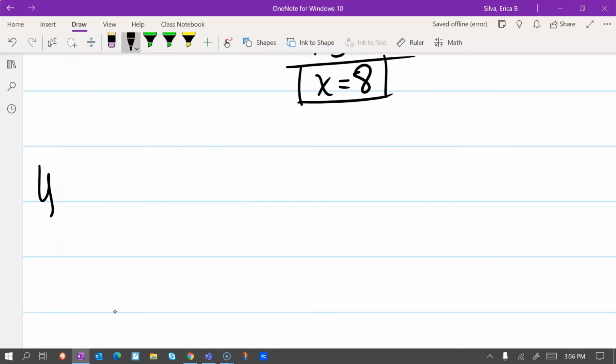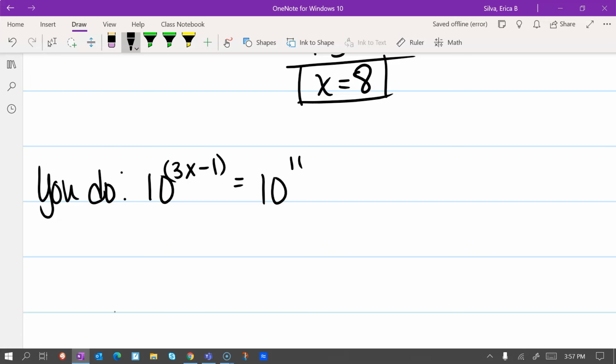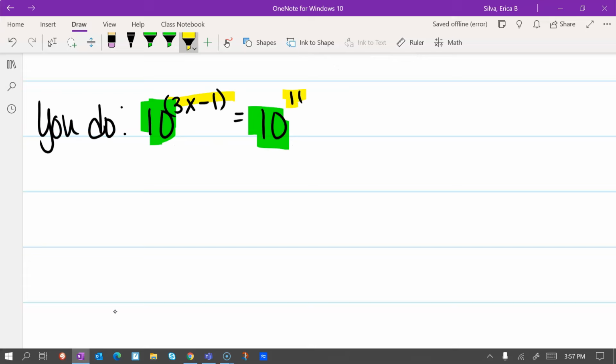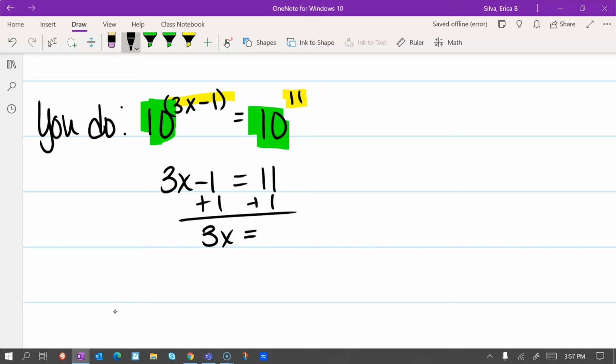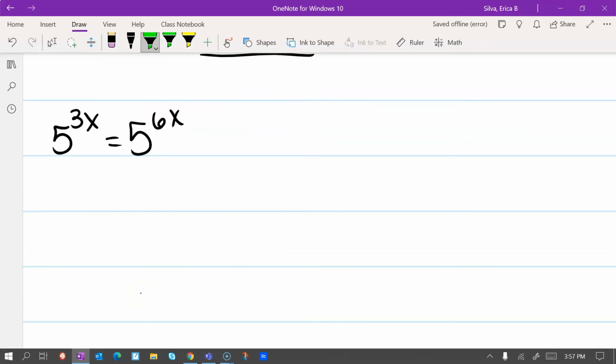Now you do. Equal to each other, so we set our exponents equal to each other. 3x minus 1 equals 11, and then we solve for x. 6x.